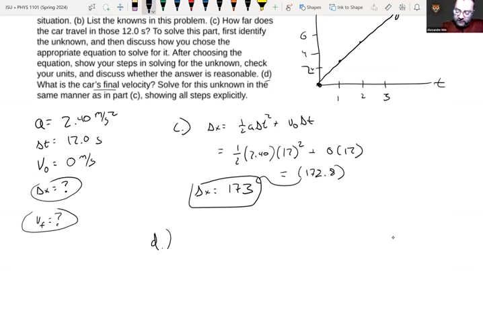Now, once you have this, 173 meters, then you can use it with any of the equations. Now, in order to find V final, I think it's just easier to use the equation we used in the previous problem, where it's A delta T plus V initial. And that ends up being 2.4 times 12, which you can do on the calculator.